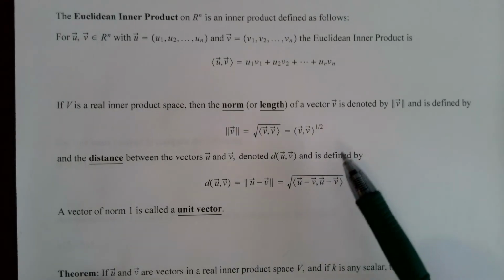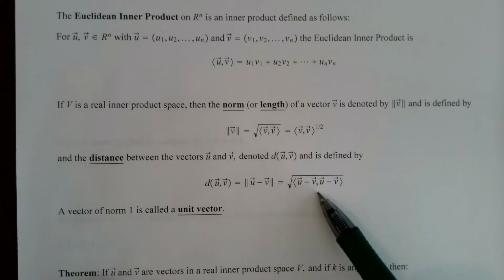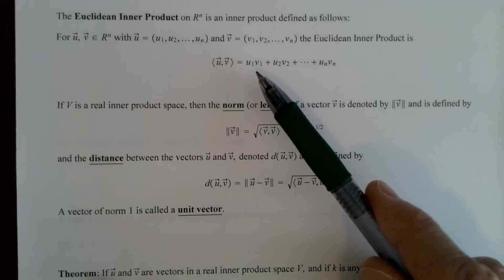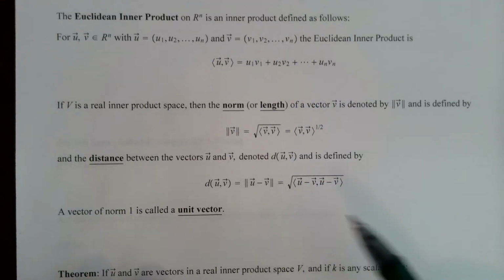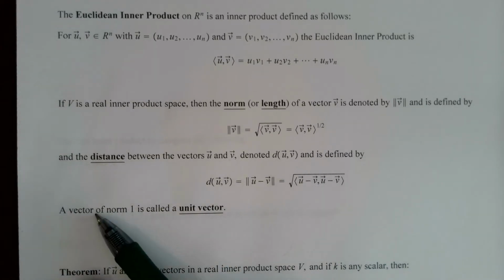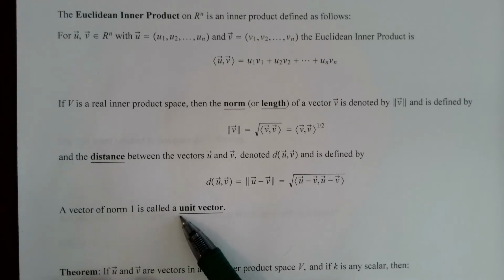Okay, so it takes a little bit to get used to this notation. It's a little different than maybe what we've dealt with. But again, think of your common one, the Euclidean inner product, and then, of course, we're going to be using other inner products, but we will use those. Now, if a vector has a norm of 1, it's called a unit vector.